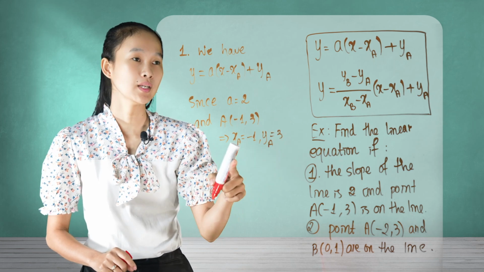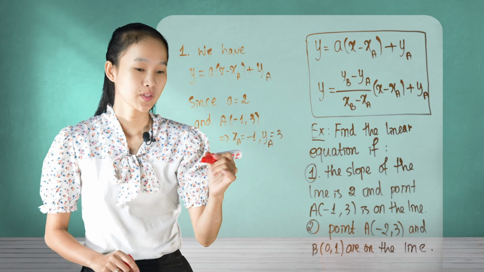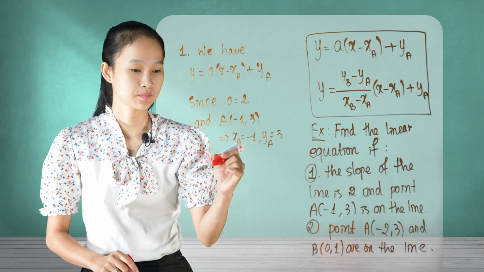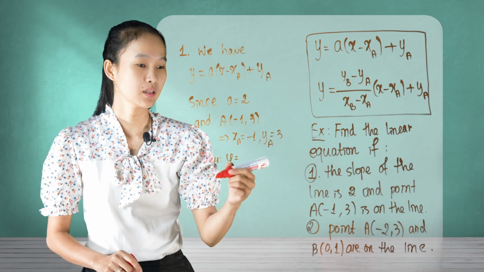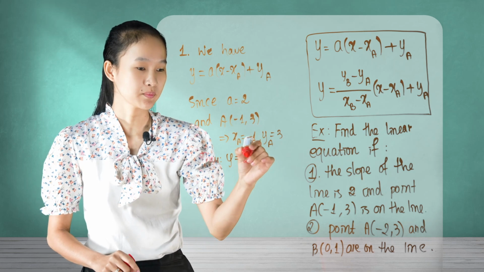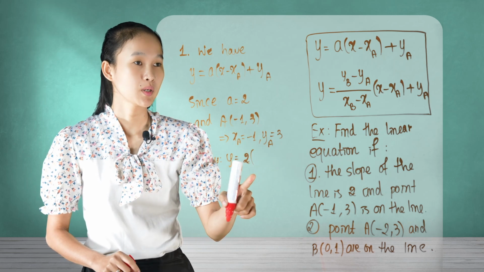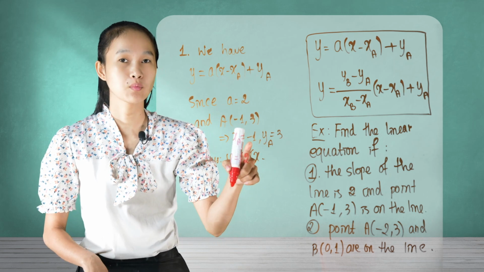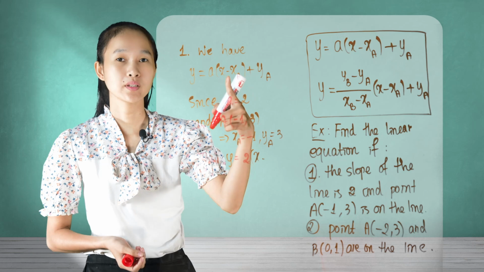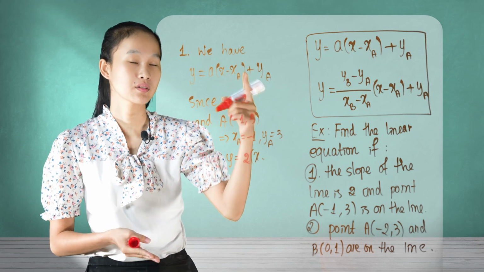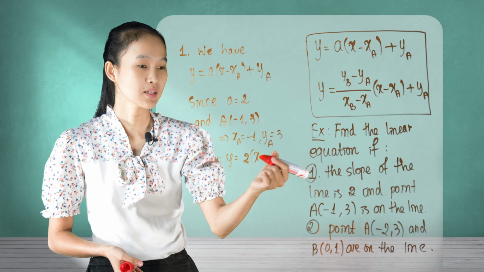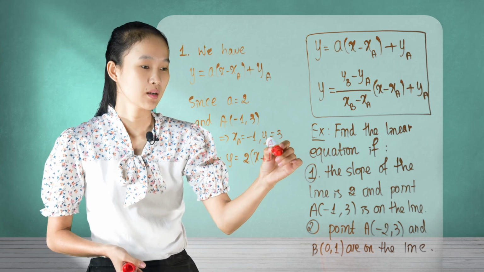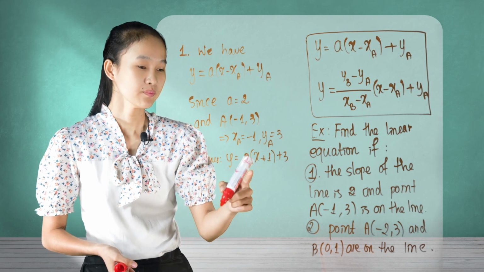Substitute these in the formula, and you get y equals 2 multiplied by x take away xA. xA is -1, and the formula is already a minus, so it's going to be +1, plus 3.